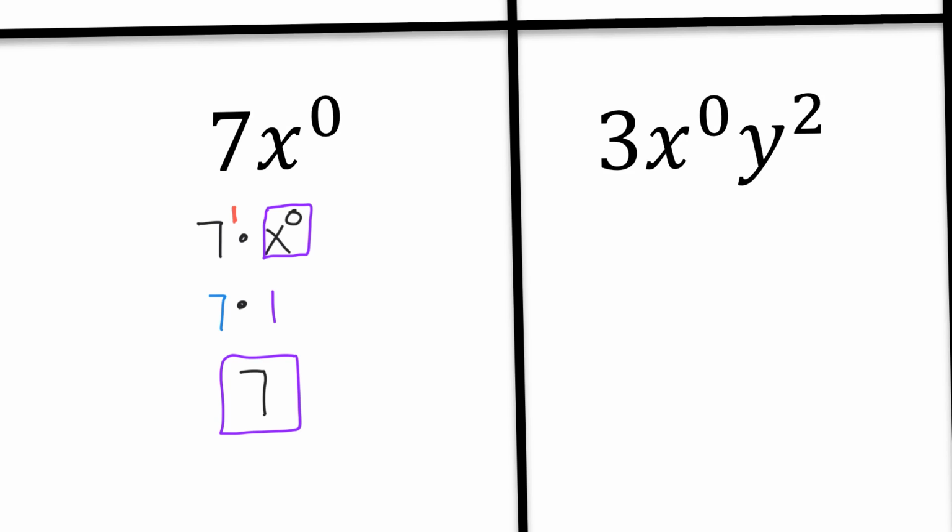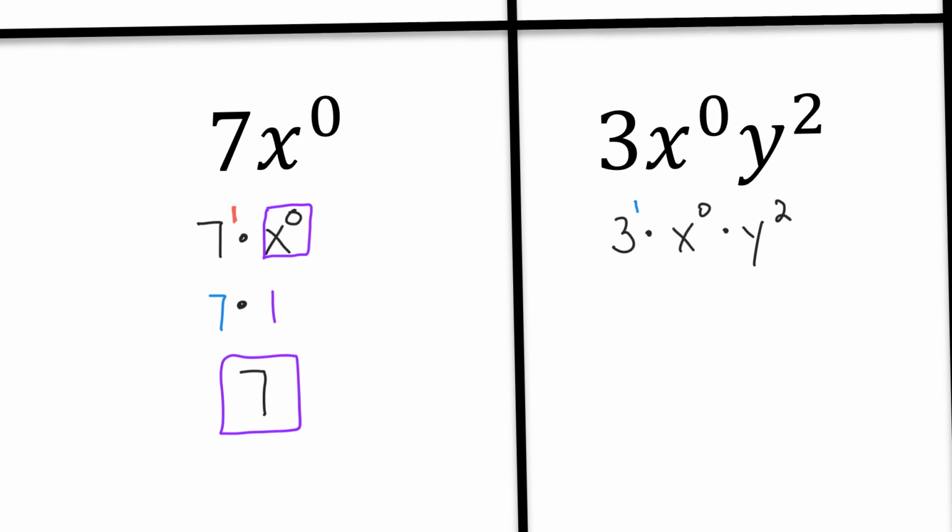Same thing with the next one. We have 3 times x to the 0 power times, there's nothing in between, y squared. So if you want to separate, 3 times x to the 0 power times y to the second power. Now you can start simplifying. So the 3 has an exponent of 1. This is an invisible 1.